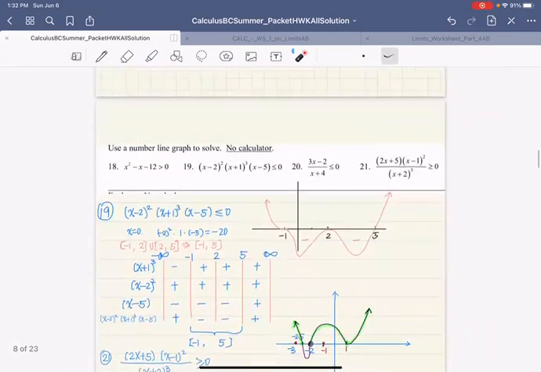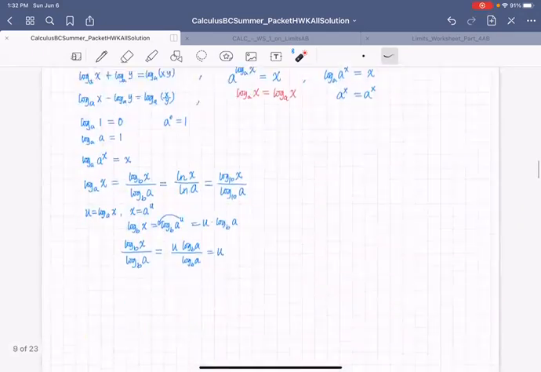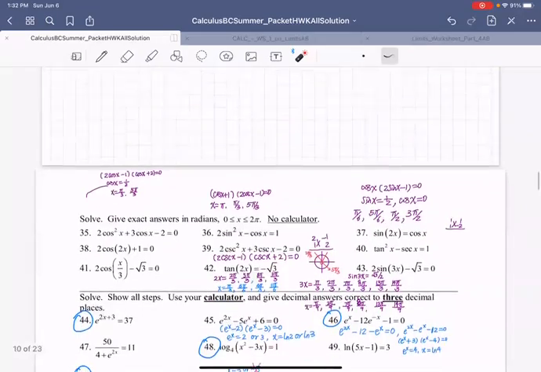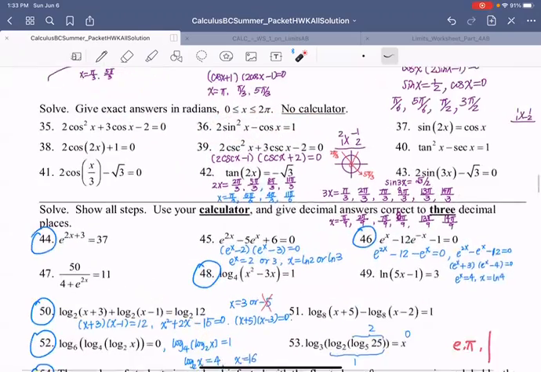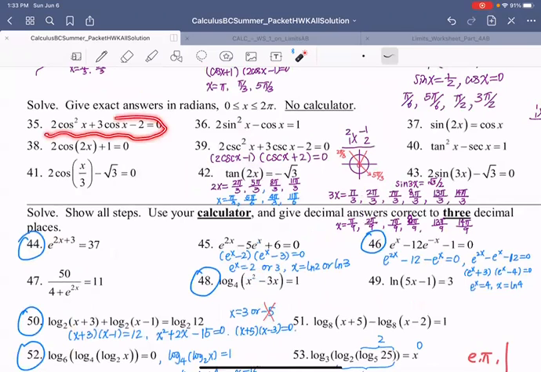In PreCal, we learned about getting the minimum or maximum values, okay? And we also solved those trigonometry equations. Those questions are not hard if you know that you can do a U sub. You use U to represent cosine X, you will change it to a quadratic equation.